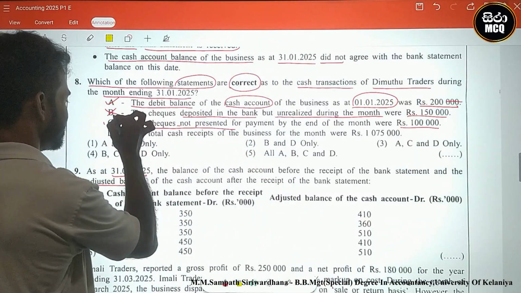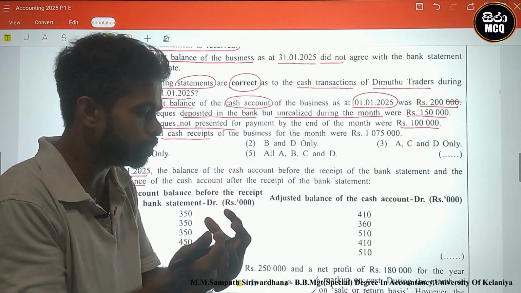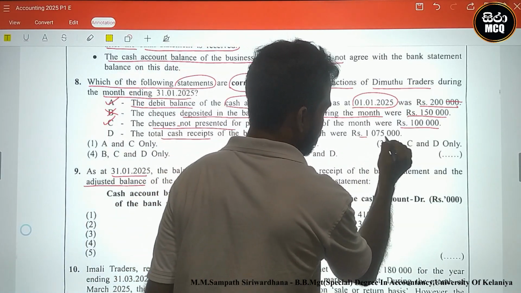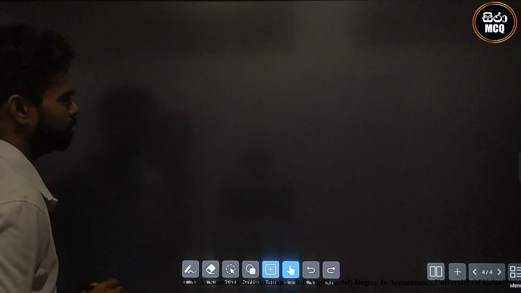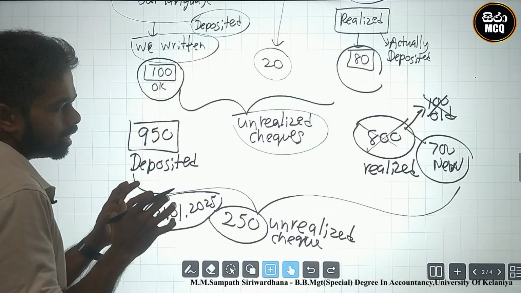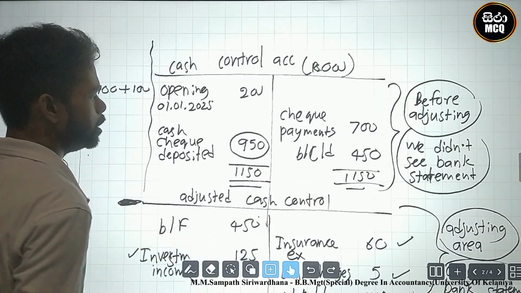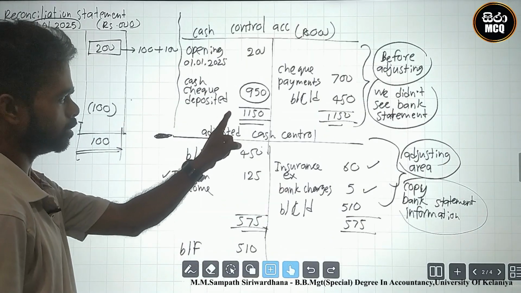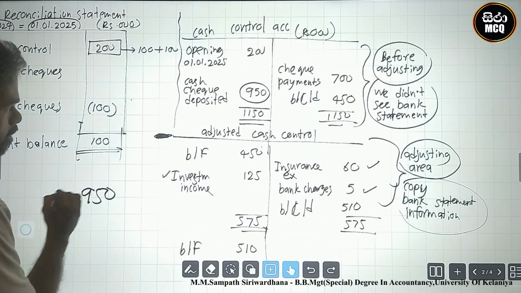Okay, 100 is correct. Look here, the total cash received by our business for the month was 1075. Total cash received, look here, is in our cash account. Total cash receipts are on the debit side. Look here, this is the first receipt, 950. 950 is a major receiving.